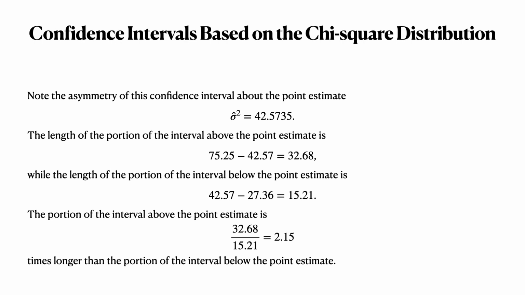We see that the portion of the interval above the point estimate is 2.15 times longer than the portion of the interval below the point estimate. Now, as we discussed in the previous lecture videos, this is actually a desirable feature because the sampling distribution of sigma hat squared is right skewed. And so this method of constructing a confidence interval for sigma squared takes into account that skewness.